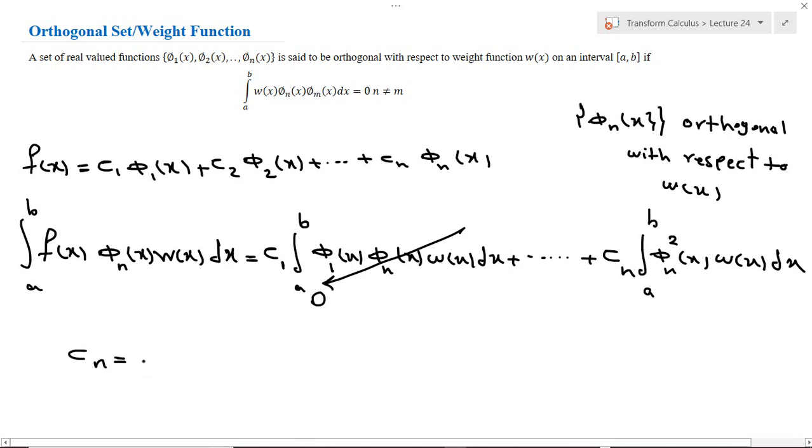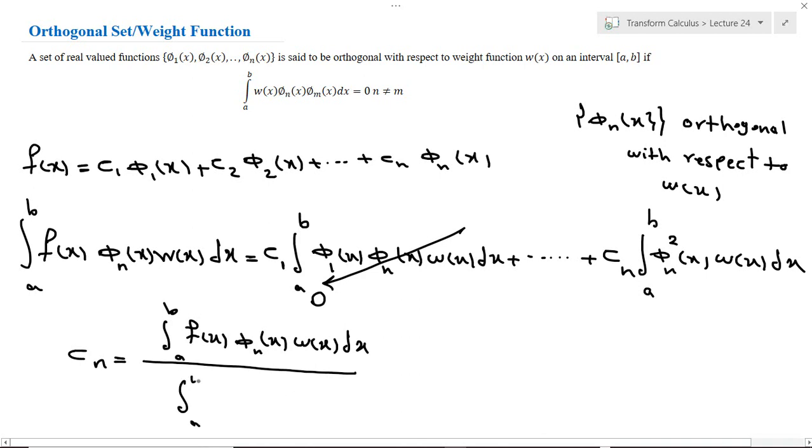So cn is equal to the integral from a to b of f(x) phi n(x) w(x) dx divided by the integral from a to b of phi n(x) squared w(x) dx.